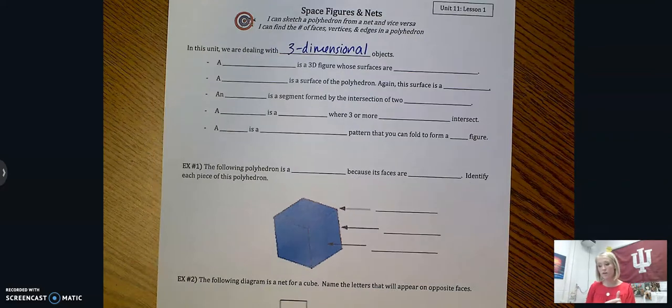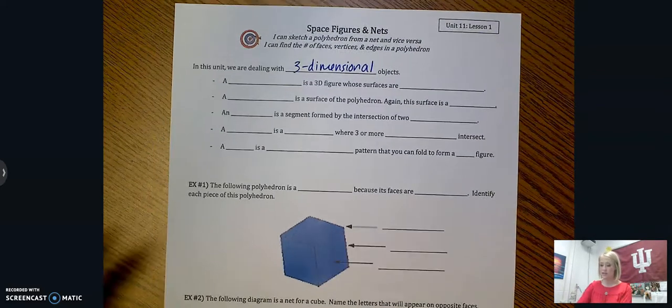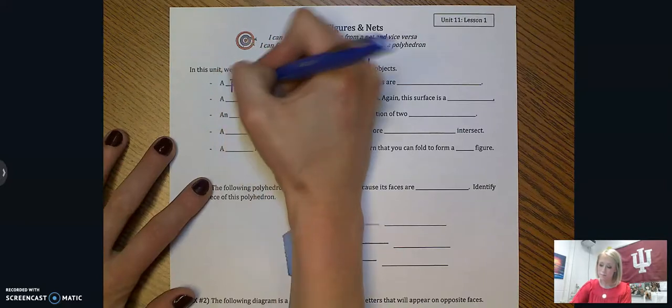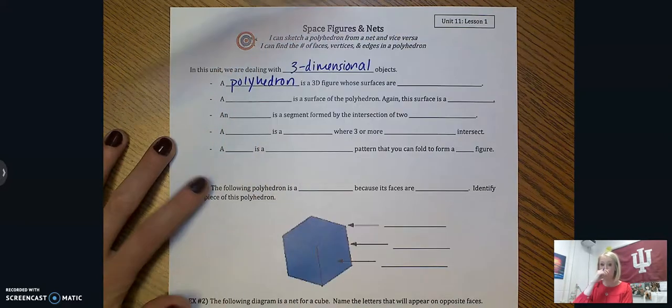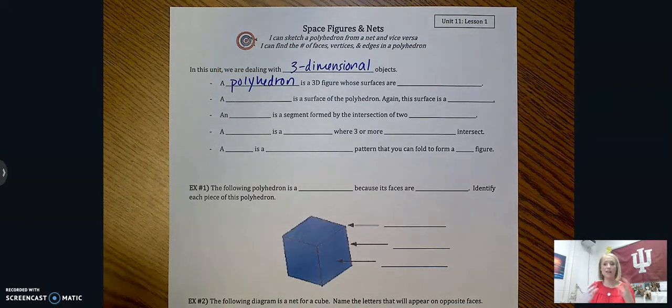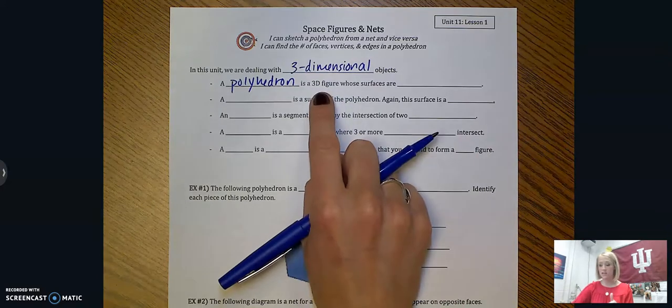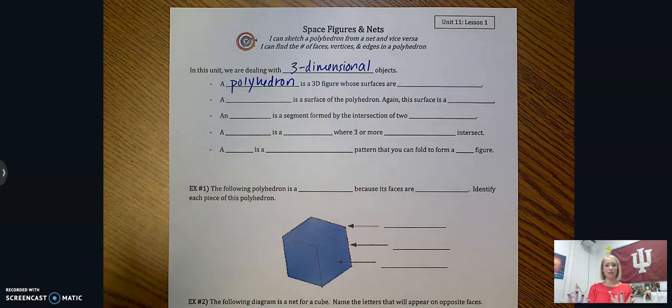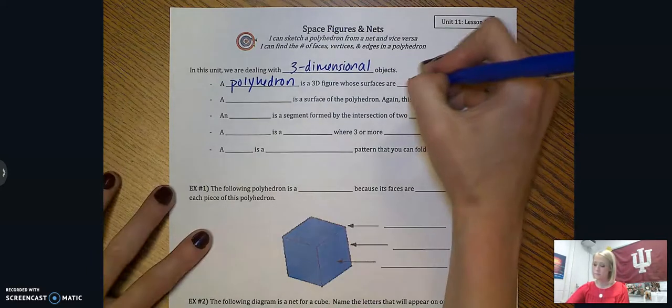So the first term is a polyhedron. Now, we've talked about polygons. A polygon is just a figure that has at least 3 sides, but it's 2D. So a polyhedron is a 3D figure where every surface, every side of this figure, is a polygon.